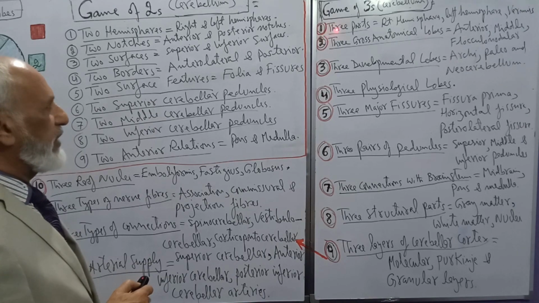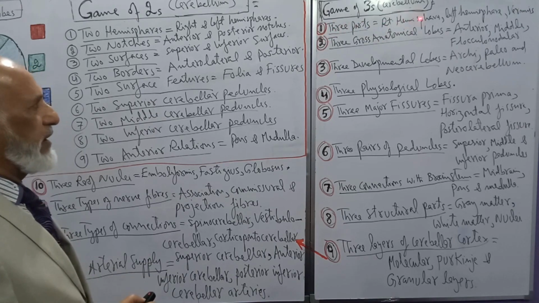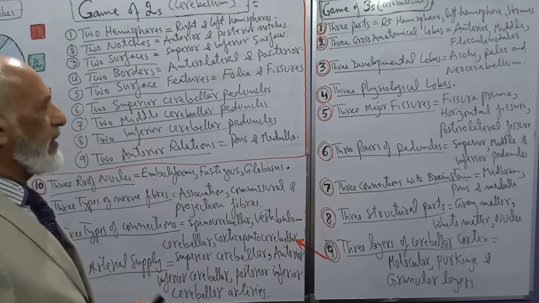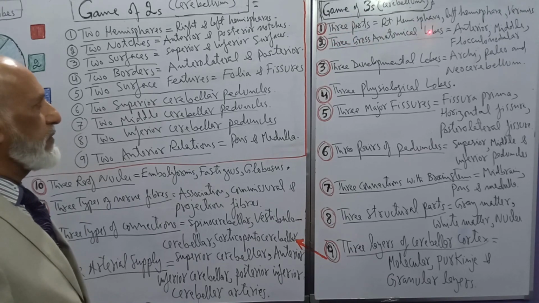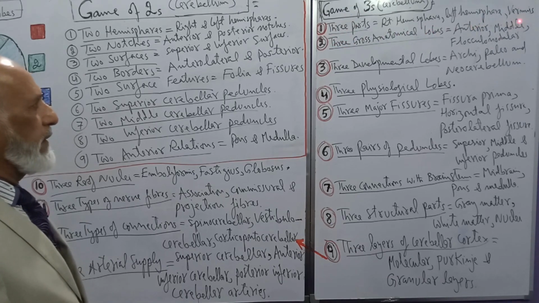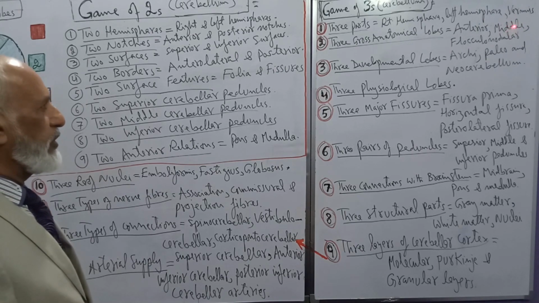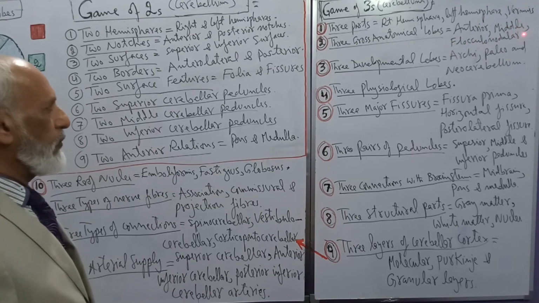Each cerebellum has three parts, right cerebellar hemisphere, left cerebellar hemisphere, and in the center is vermis. Three major parts. Each cerebellum has three gross anatomical lobes, that is anterior lobe, middle lobe, which is also known as the posterior lobe, and flocculonodular lobe.